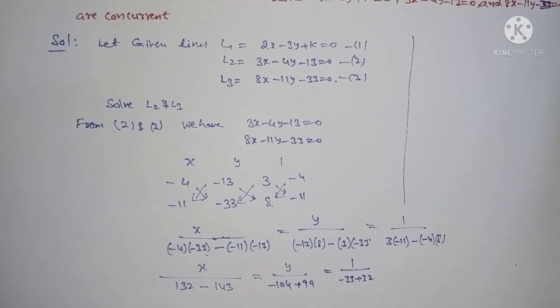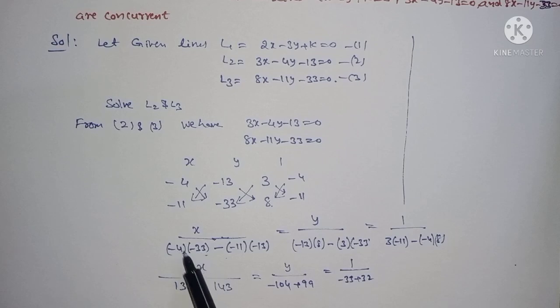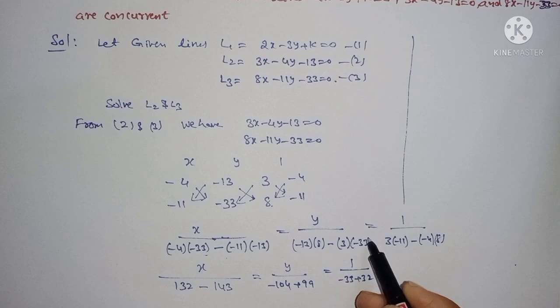Can simplify this: minus of minus is plus only. 33 into 4 is nothing but 132, and minus of minus is plus, 11 into 13 is nothing but 143, is equal to y by 13 into 8 is 104 minus 99, is equal to 1 by minus 33 plus 32.